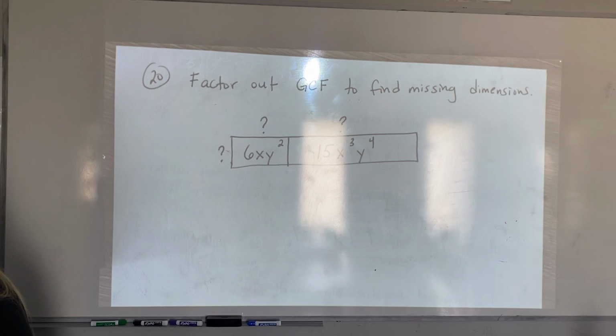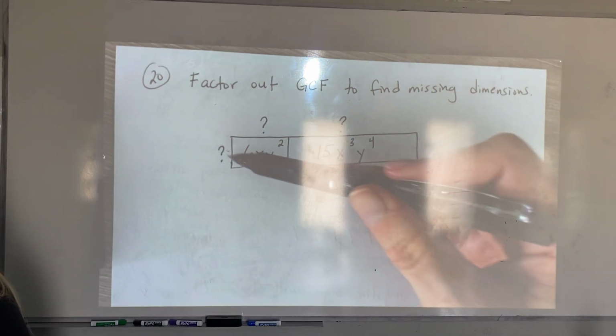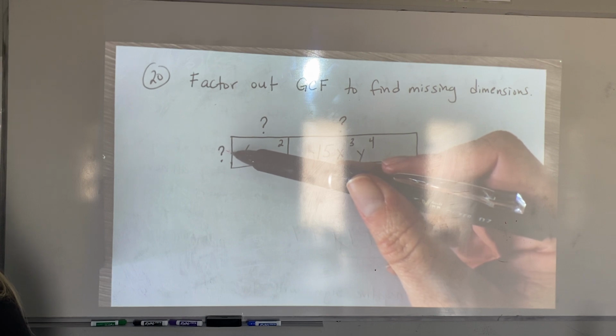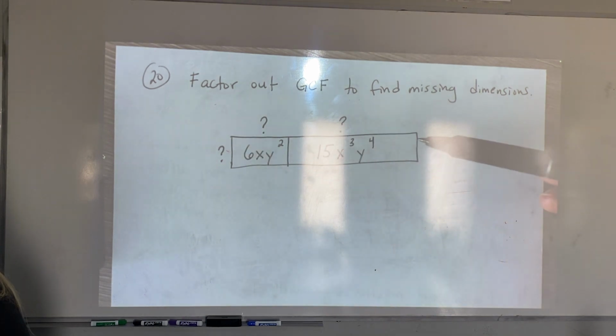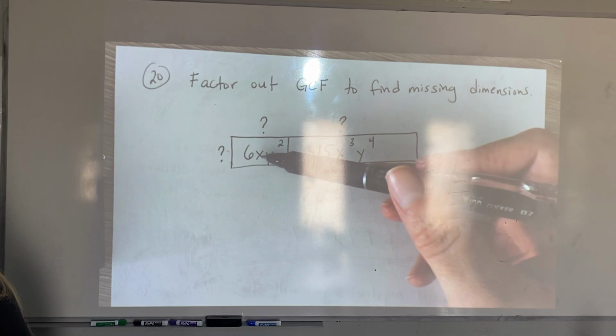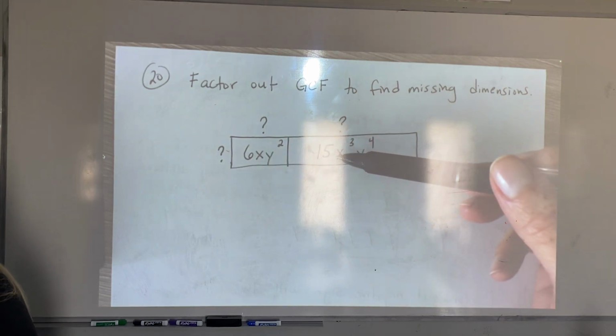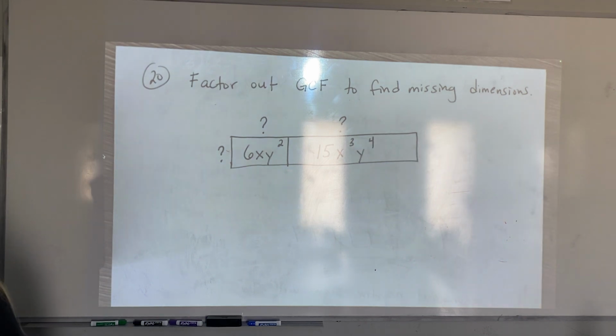Now keep in mind that this missing width is the width of the entire rectangle, but it's also the width of the little rectangle, and it's also the width of the bigger rectangle. They all share the same width, right?